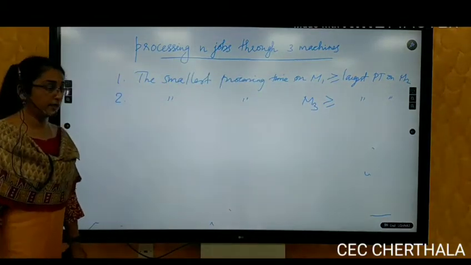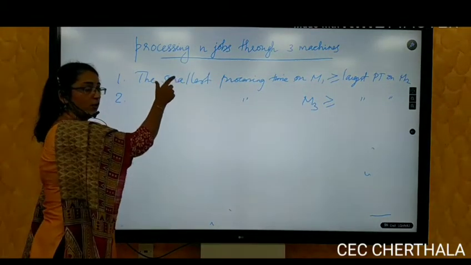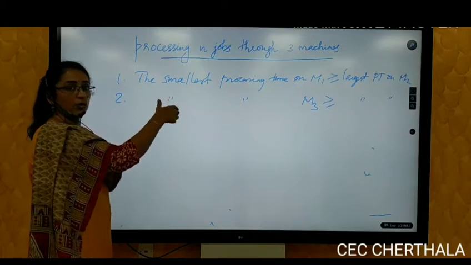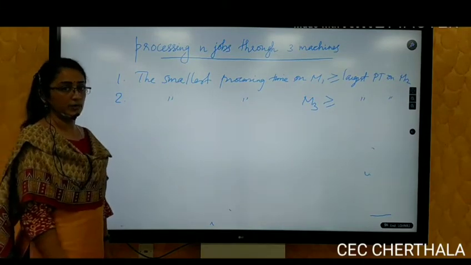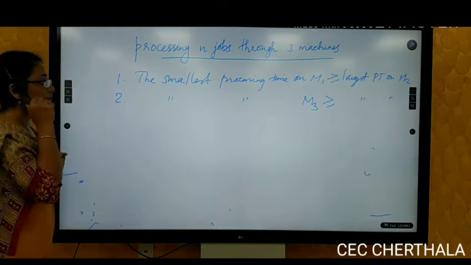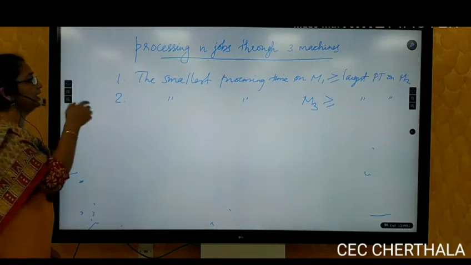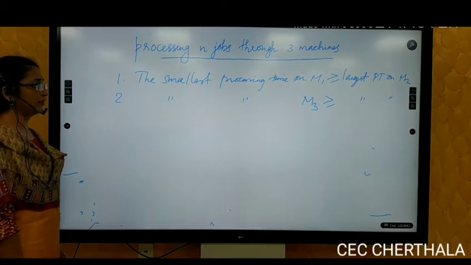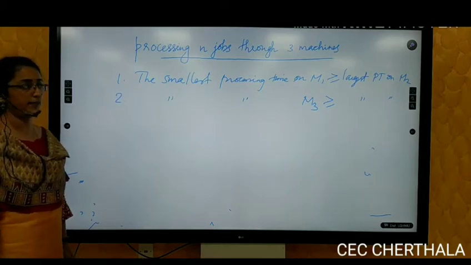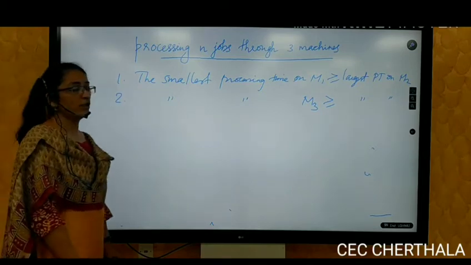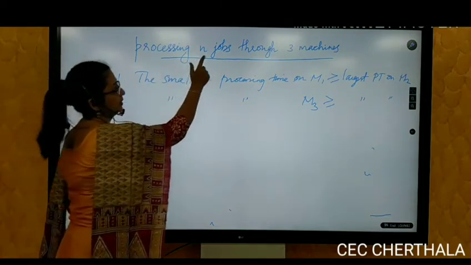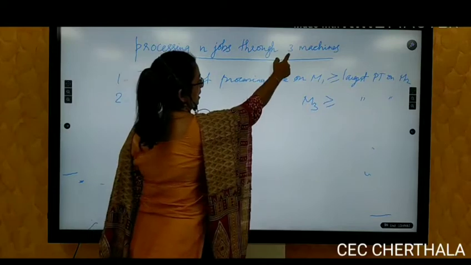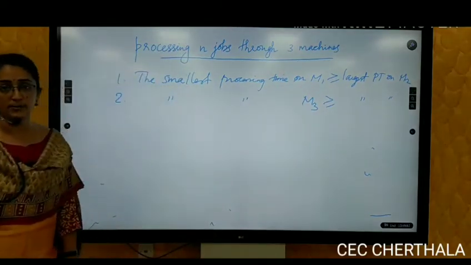So if either the first condition or the second condition or both the conditions are fulfilled, then we can apply Johnson's rule. To use Johnson's rule, first we have to convert the 3 machine problem to a 2 machine problem.